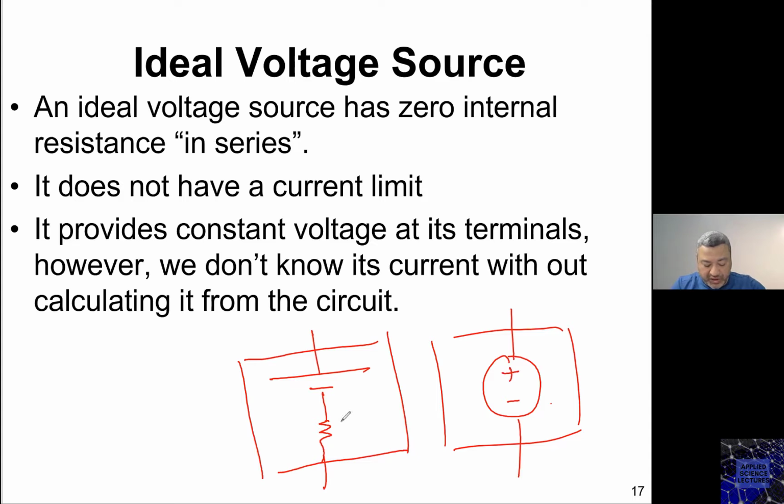So this one was the internal resistance for the voltage source, and it is connected in series. Now, in ideal sources, this one will be treated as zero. As an ideal voltage source, the internal resistance would be zero.